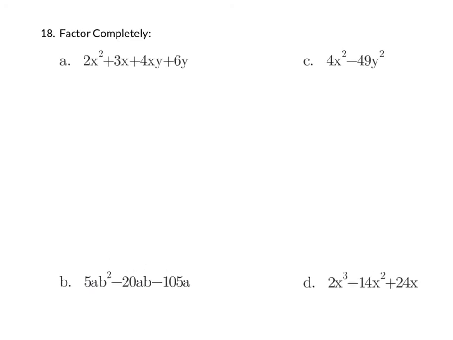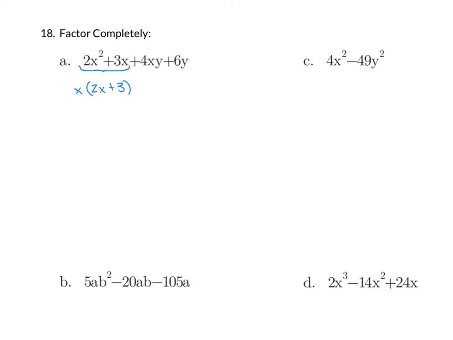If we look at A, we have 4 terms. And if you recall, when we have 4 terms, we want to factor by grouping. So for the first set, I can factor out an x. If we factor out an x, we are left with 2x plus 3.